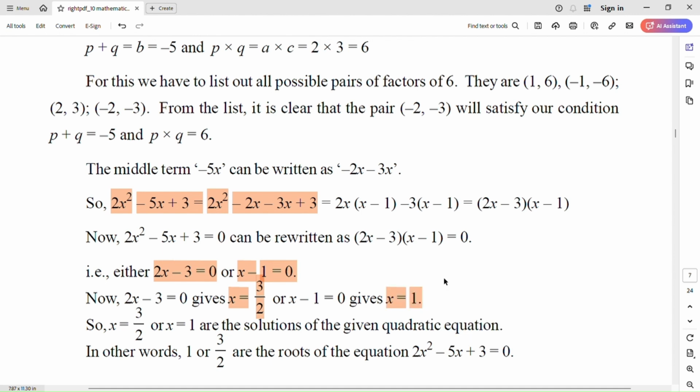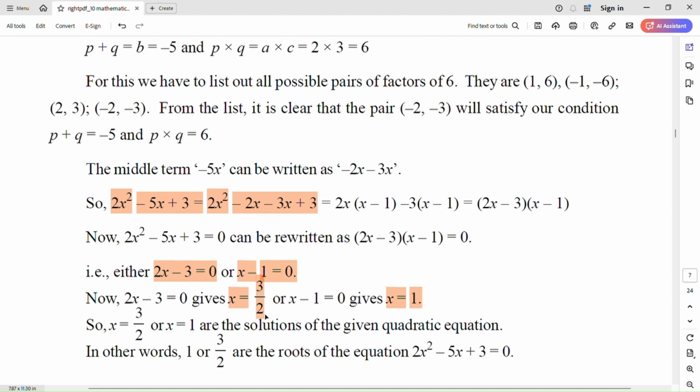Now be careful whenever you solve these quadratic equation questions, they may ask you to find real roots or integer roots. If they are asking you integer roots for this problem, the solution is only x equal to 1. This is the only integer solution. If it is real solutions, then both are solutions.